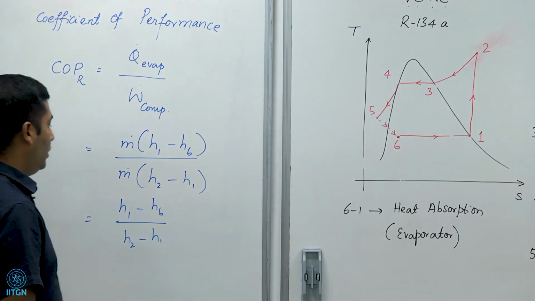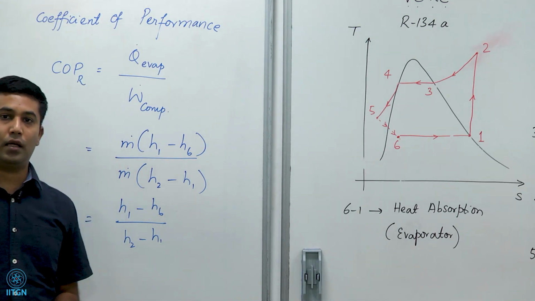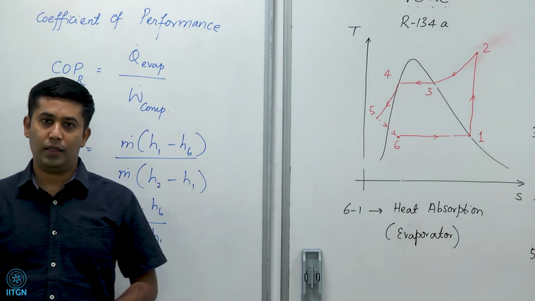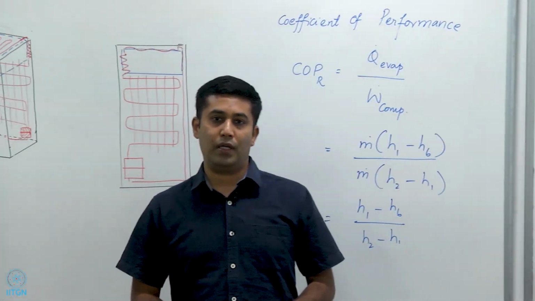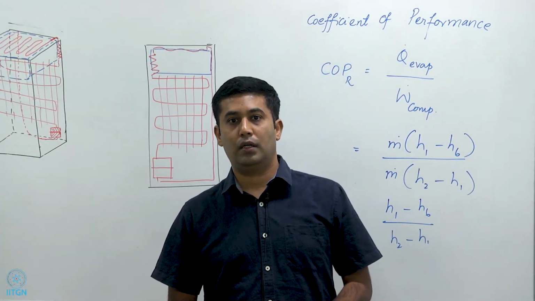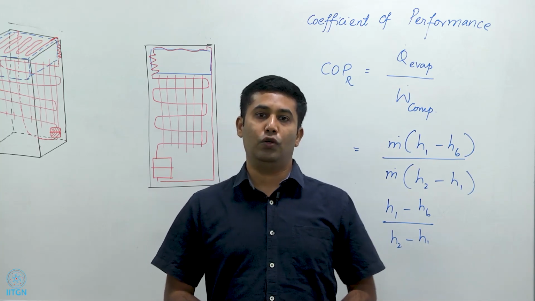So it's the change in specific enthalpy in the evaporator divided by the change in specific enthalpy across the compressor, and that gives us the COP.